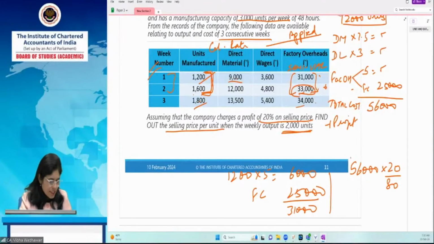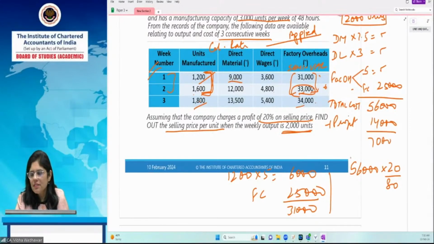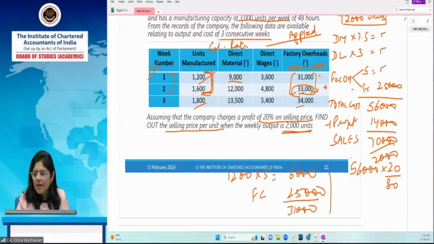So just calculate the profit: 56,000 into 20 divided by 80. 14,000 is the profit and 70,000 comes out to sales. Divide by 2,000 units, you will get the selling price per unit for the 2,000 units weekly output.